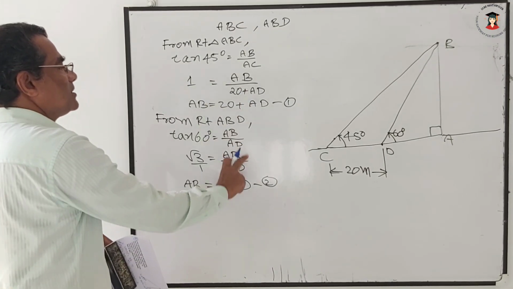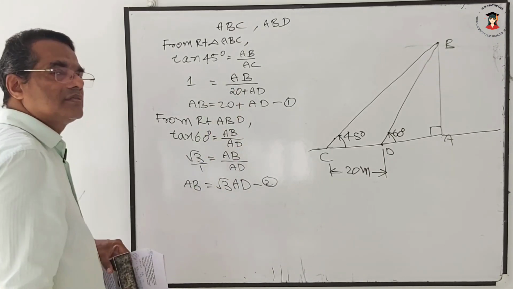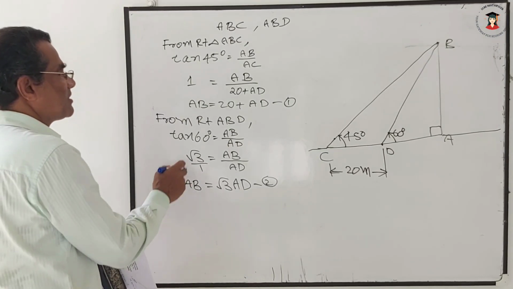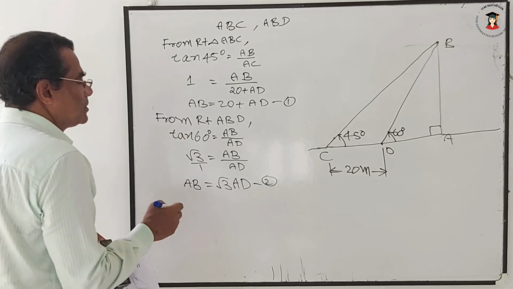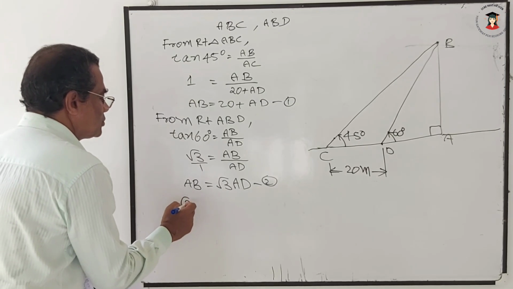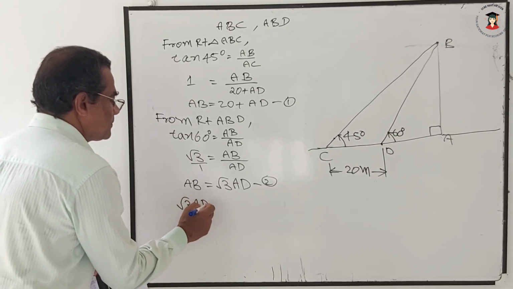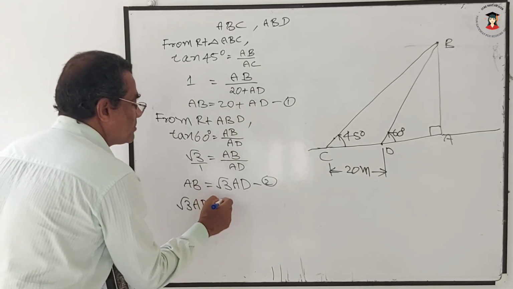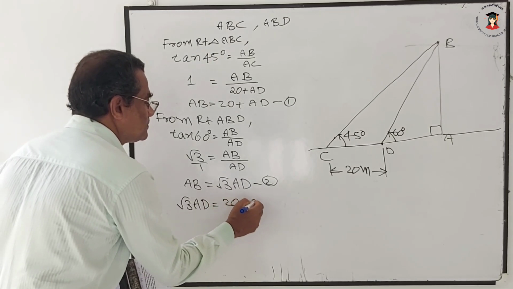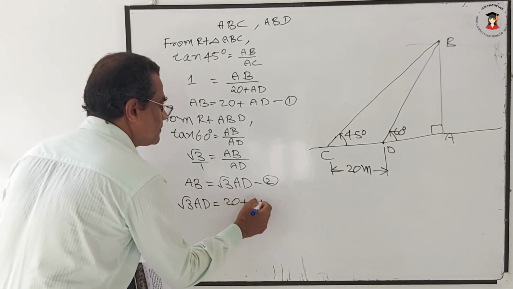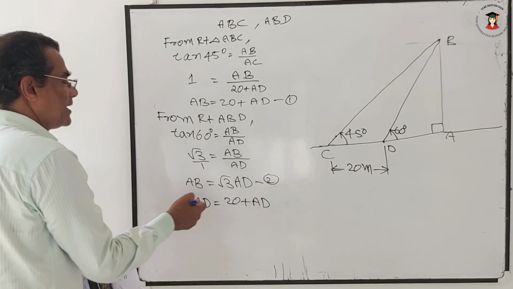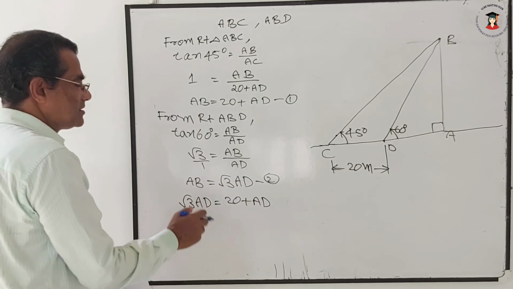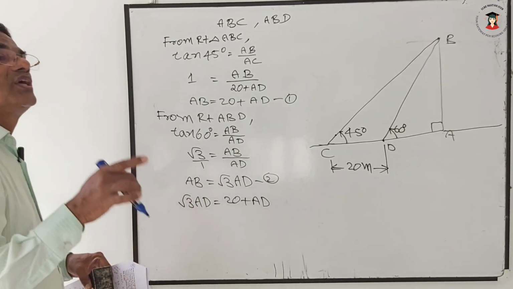Why don't we equate the right hand side of the two equations? Because the left hand sides are equal. So root 3 AD equal to 20 plus AD. Bring this AD to the left side, because this is an equation involving only one variable.